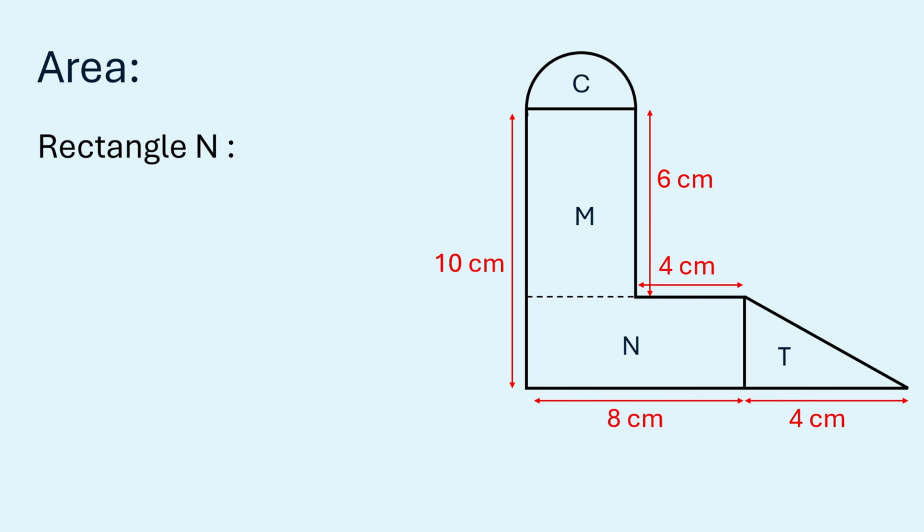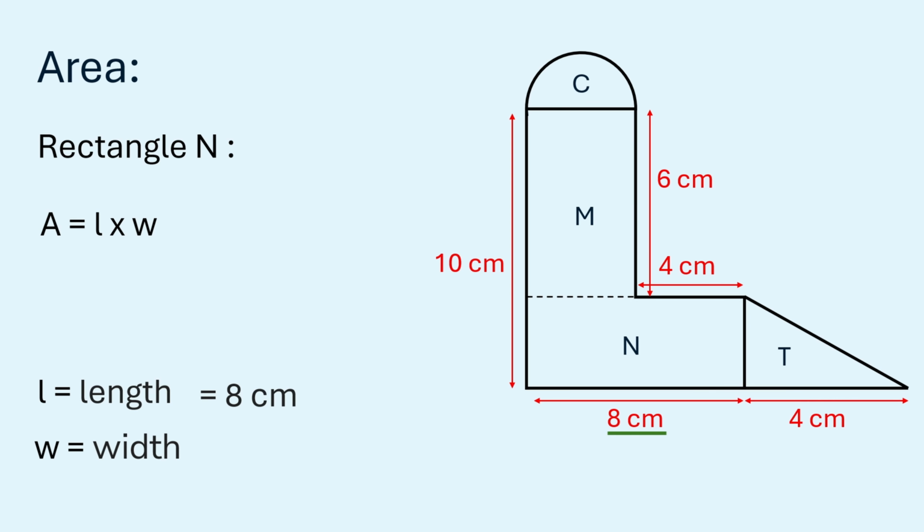To find rectangle N's area, use A is equal to L times W, where L represents the rectangle's length. Here, the length L of rectangle N is 8 centimeters. Here, W represents the width of rectangle N. To find rectangle N's width W, start with the total length of 10 centimeters.